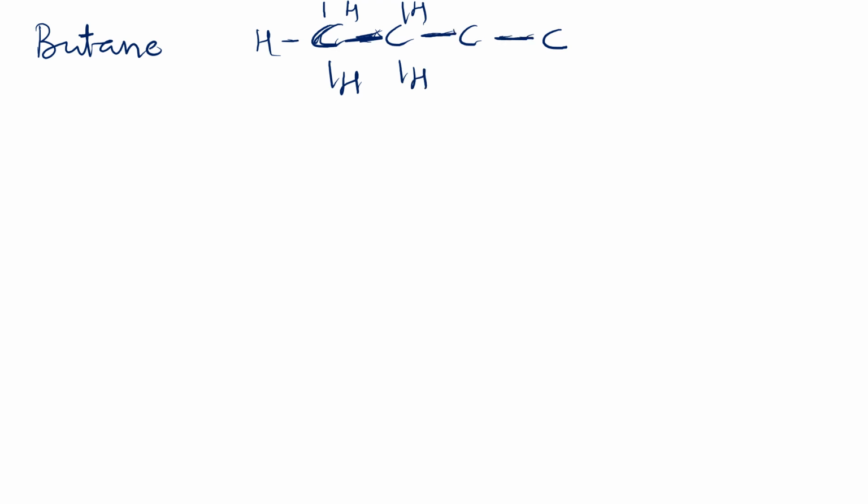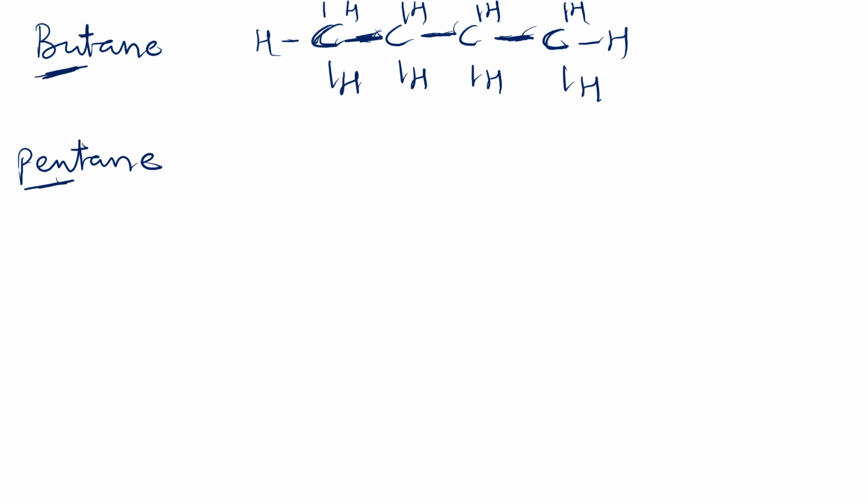This is also bonded with two carbon atoms, so it will form two bonds with hydrogen. What about this carbon? It has one bond, so it has to form three bonds. That's how we write the structural formula of different compounds, knowing the number of carbon atoms. These are the things which we need to remember.